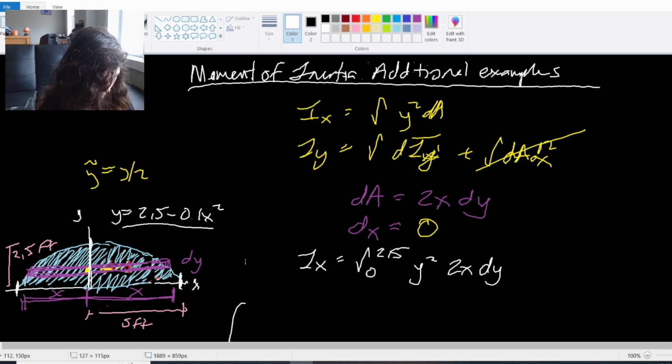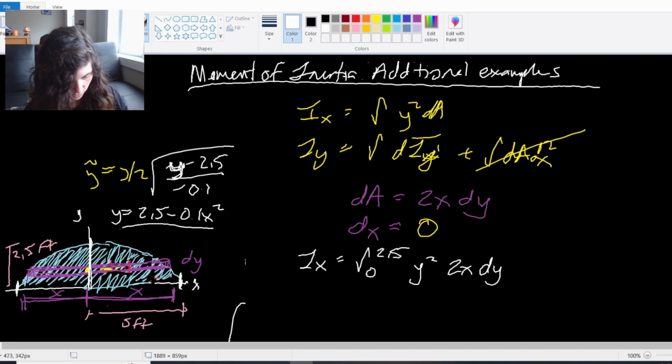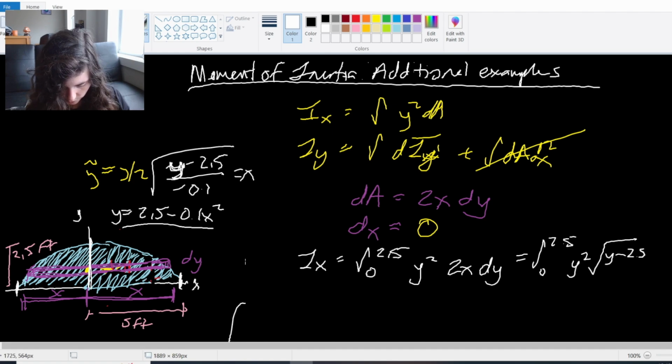I get y minus 2.5 over negative 0.1, and then I take the square root of all of that. So that's my new x term. So I have to plug that into my integral. So it's the integral from 0 to 2.5 of y squared times the square root of y minus 2.5 over negative 0.1 dy.